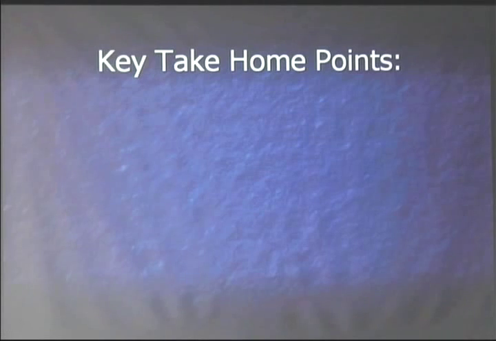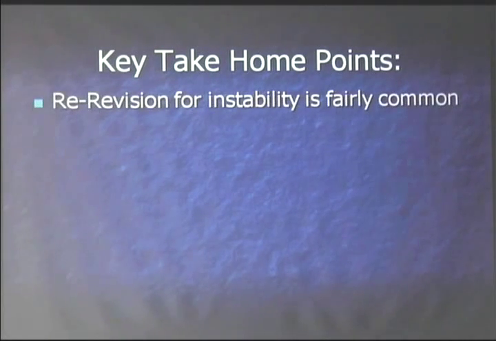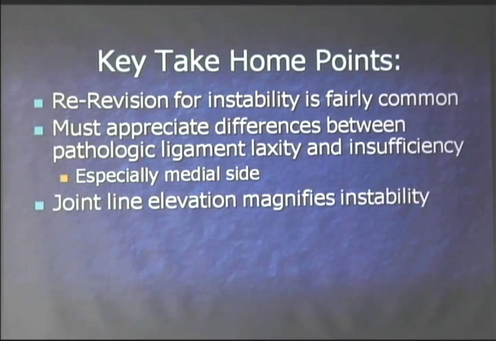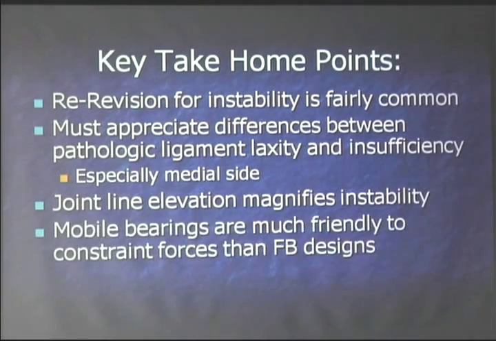So key take-home points from that segment: re-revision for instability is actually fairly common. We know that when you look at the causes of failures. You should appreciate the differences between pathologic ligament laxity and insufficiency, especially on the medial side. Joint line elevation will magnify this instability.